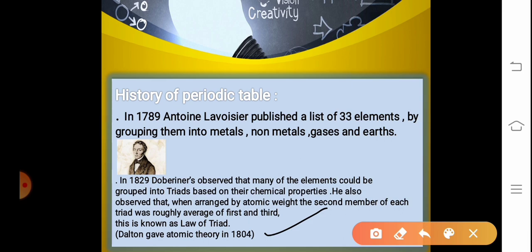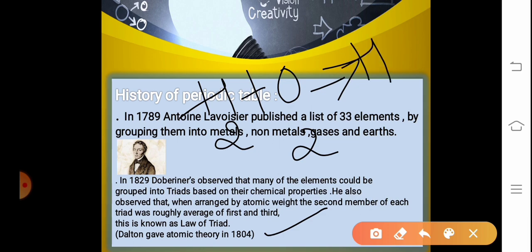So it was said by John Dalton, and many scientists also believed the same. So if we see, for example, hydrogen, I'm giving a small idea about how we got the atomic weight. For example, if we combine hydrogen and oxygen, what happened? Together we get water. Hydrogen combines with oxygen to form water, right?